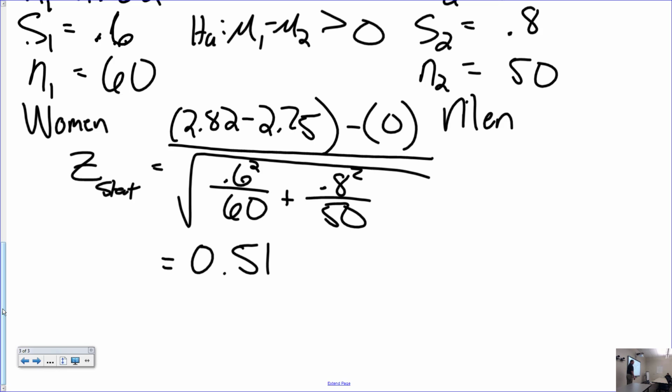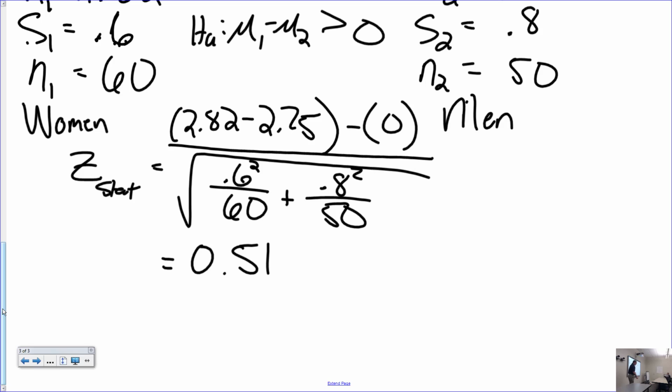Now remember, folks, this is a z statistic, so you can go either way you want about testing this. You can either look up the z critical value and determine if this value is greater than your z critical value, then you can reject. Or you can look at the p value of this z statistic and say if my p value is less than my alpha, then I can reject.